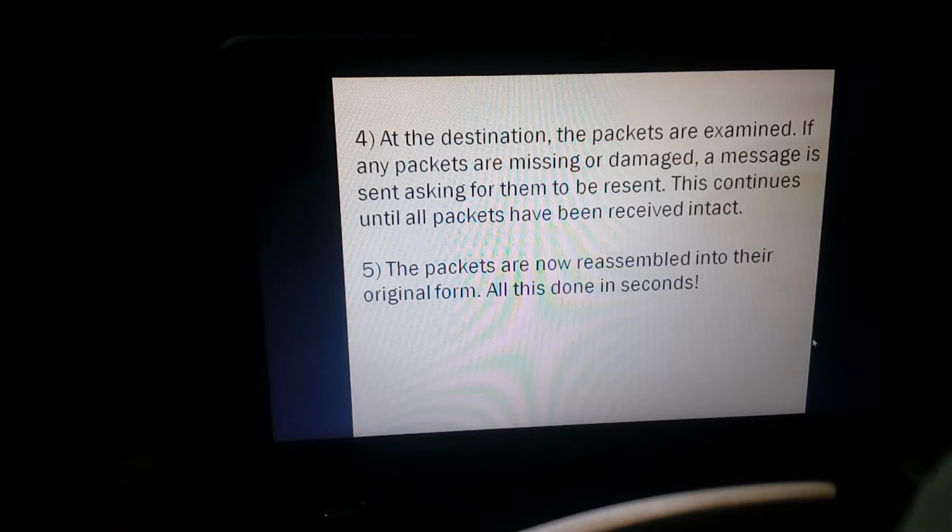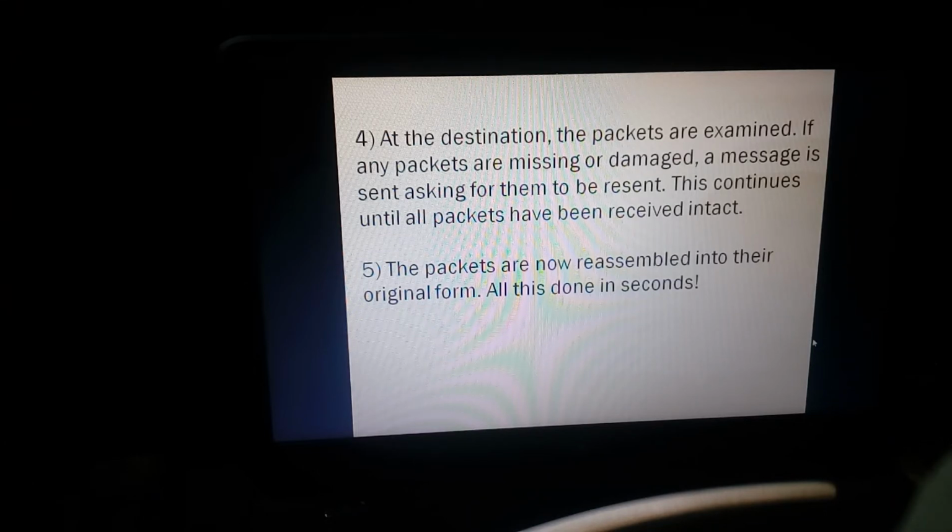Fourth step is at the destination all packets are examined. Means at the destination side all the packets are checked. If any packets are missing or damaged, a message is sent asking for them to be resent. Means whenever packets are traveling over the internet, they may go missing or they may get damaged.